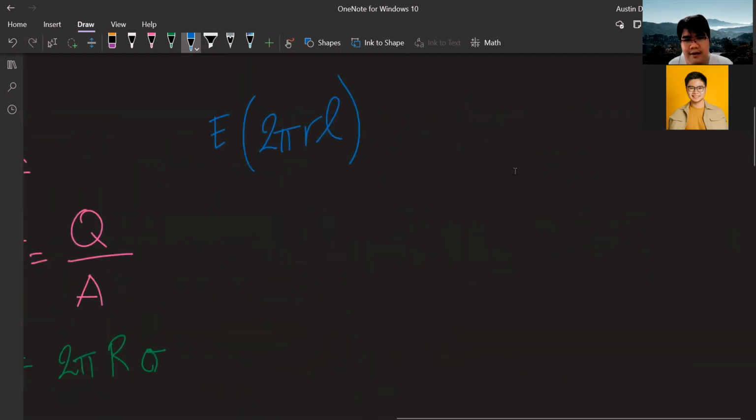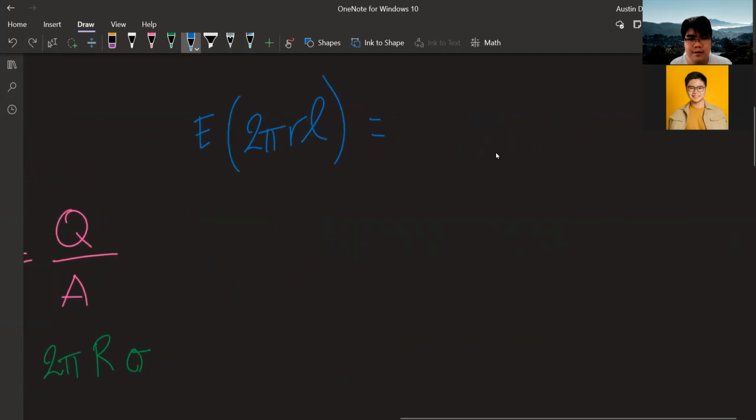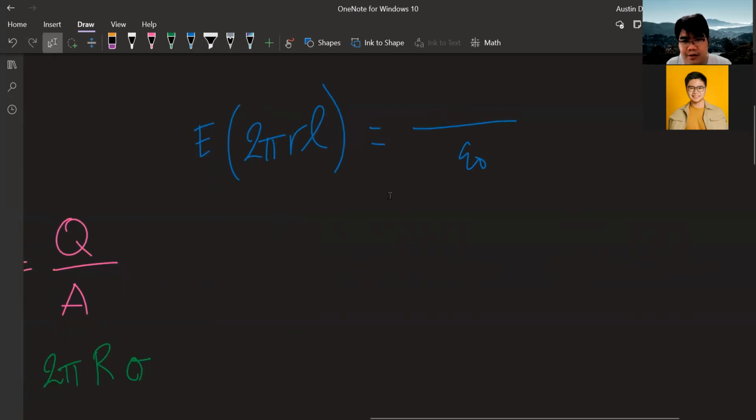Some length. And then that must be equal to the charge enclosed sa numerator, tapos denominator would be epsilon naught.